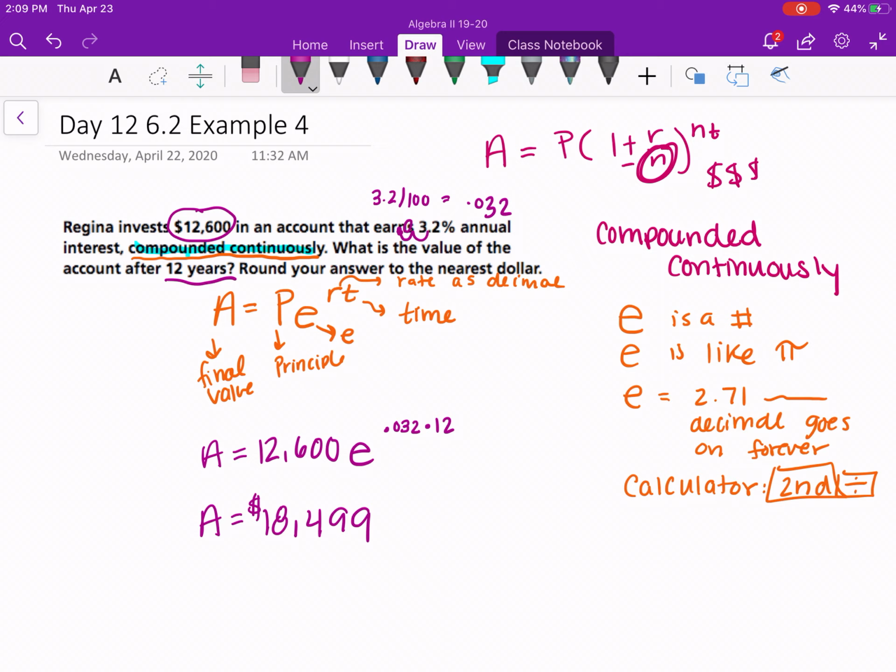She didn't ask them anything. She didn't put any more money in. And 12 years later, that money made her about $6,500 by just existing in this account and being compounded continuously. And so that's your final answer. The only thing that changes is the starting value, the rate, or the time that they give you. So you guys should be really good and able to do these on your own.